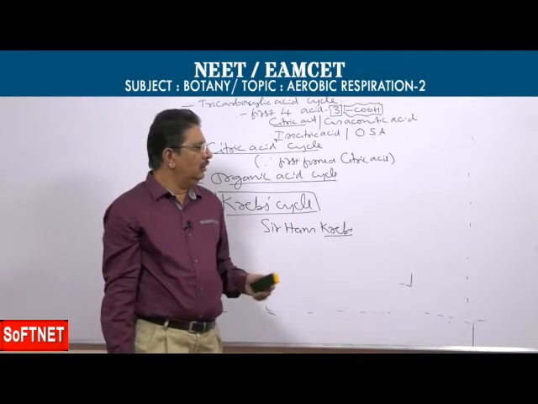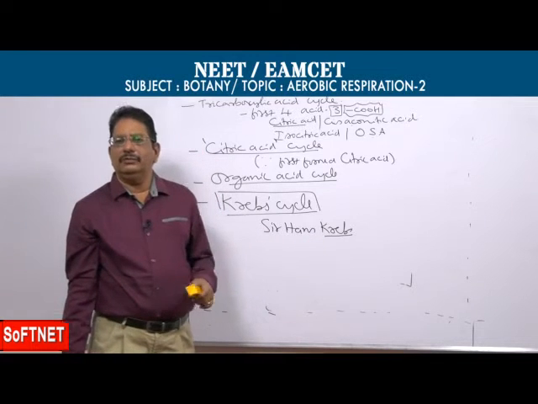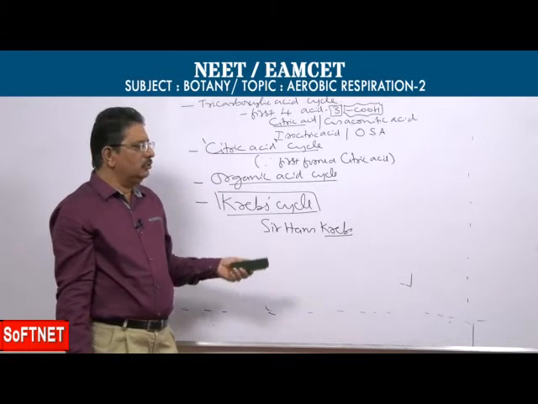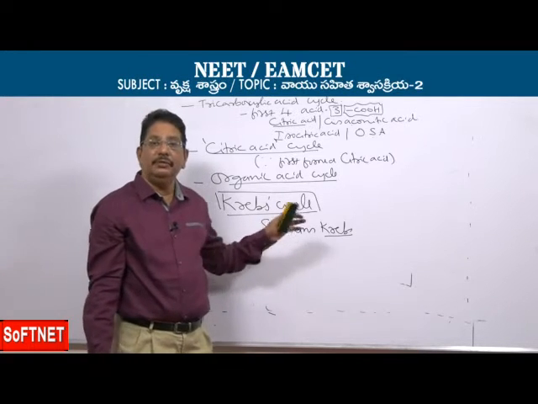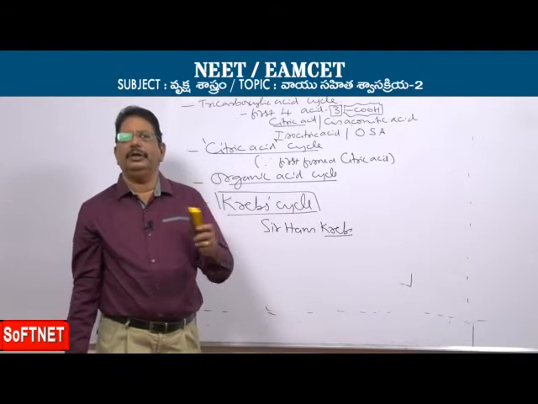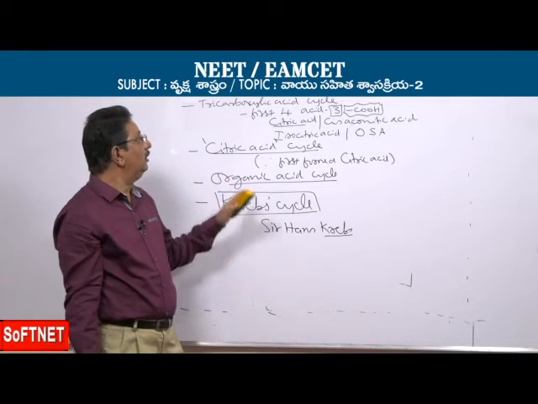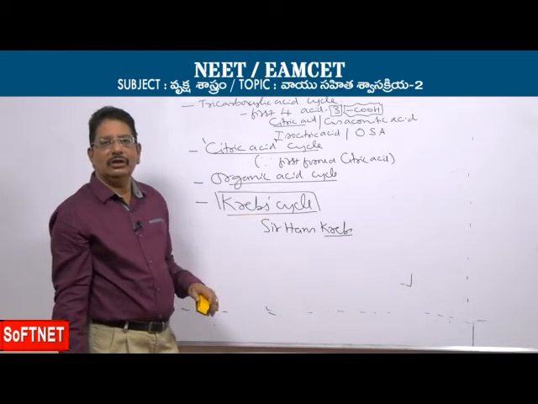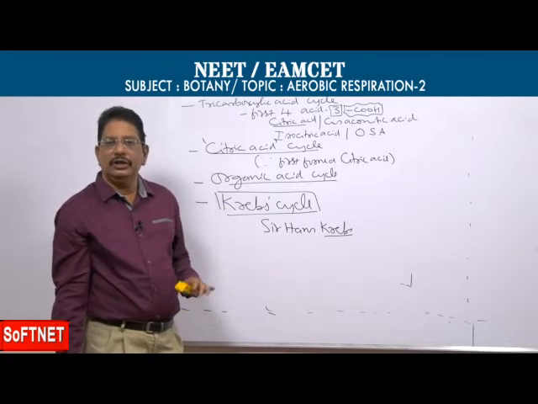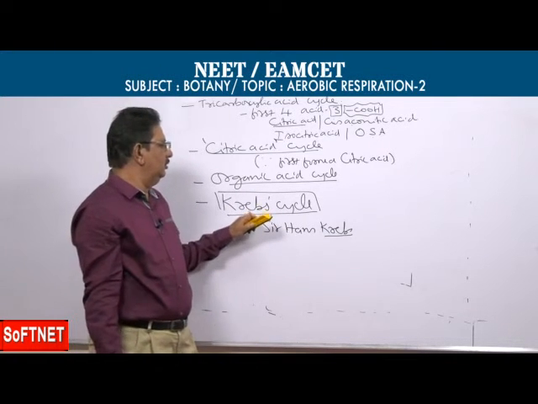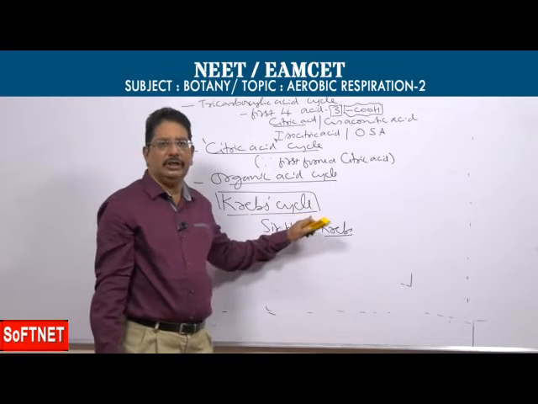Who are they? Embden, Meyerhof, Parnas. To honor the discoverers, glycolysis is named the EMP pathway. Similarly, to honor the discoverer of the TCA cycle in living cells during aerobic respiration, it is named the Krebs cycle.